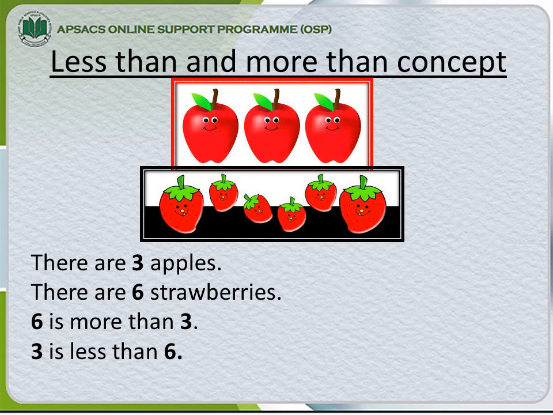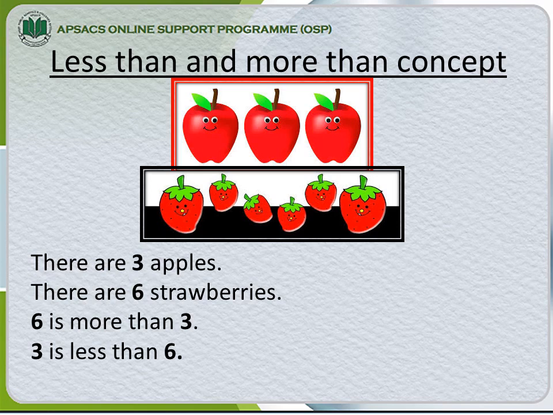Now let's learn the concept of less than and more than. How many apples are there? Count them. 1, 2, 3. There are 3 apples. And how many strawberries are there? Let's count them. 1, 2, 3, 4, 5, 6.